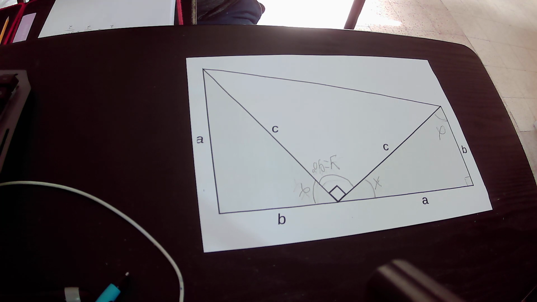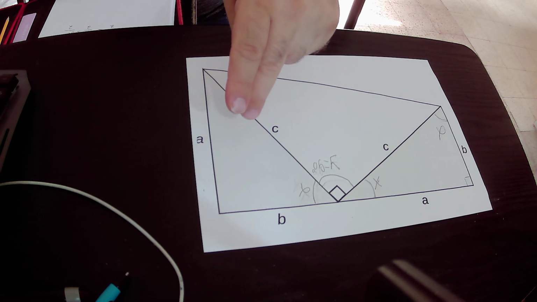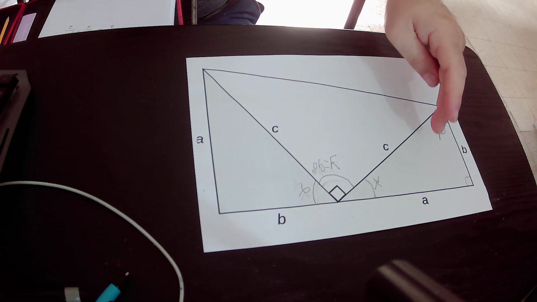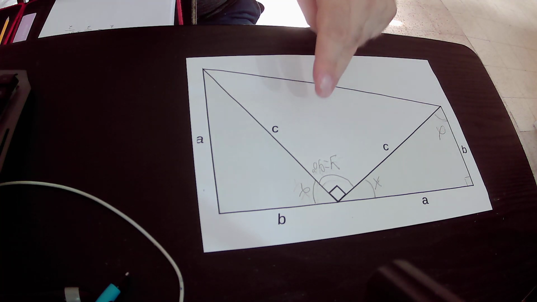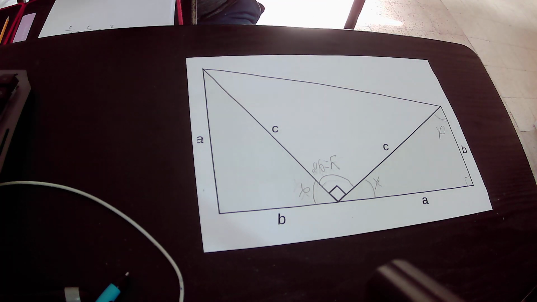So in total, the sum of the areas of the right triangle plus the middle triangle plus the left triangle will be the area of the trapeze. I will repeat, the area of the right triangle plus the area of the middle triangle plus the area of the left triangle will be the area of this trapeze.